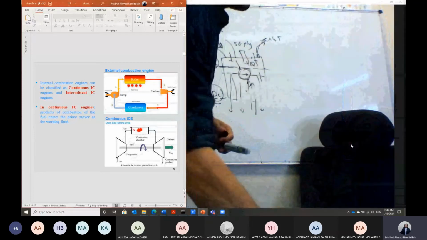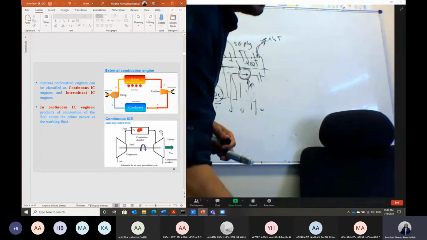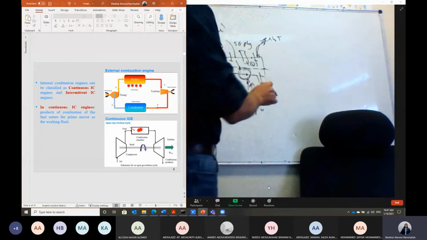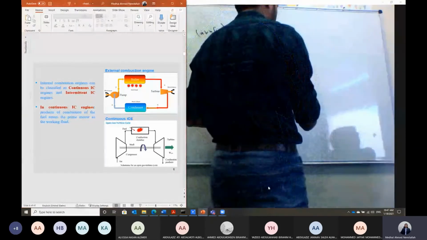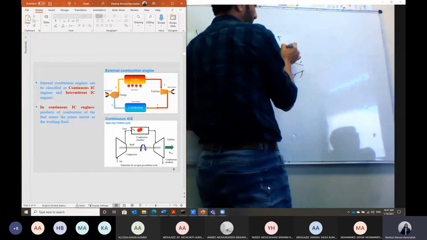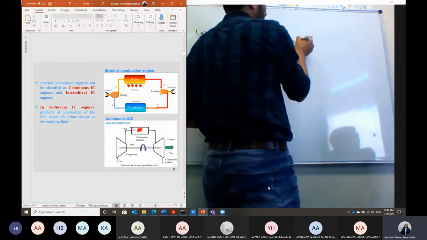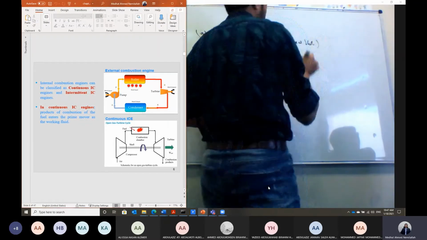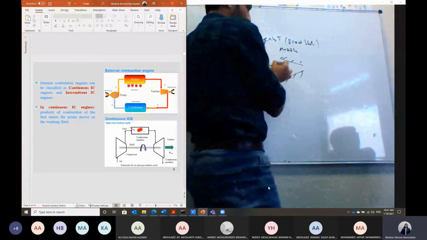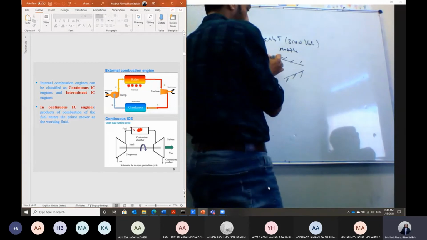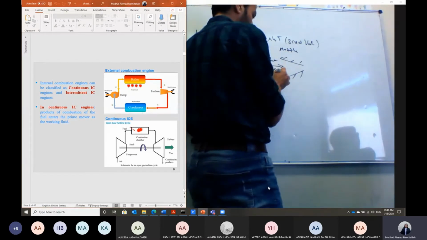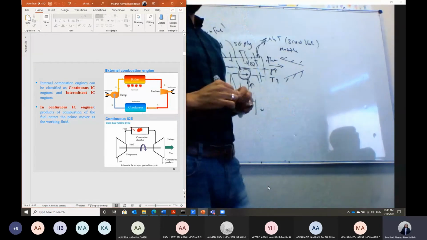If you look at this part, Shabab, what I'm talking about, which is the turbine here, any turbine consists of fixed blades. Usually the fixed blade takes the shape of a nozzle. We call it a nozzle, or we call it a fixed blade. The flow is coming, which is exhaust gas in the case of a gas turbine. This flow is coming under high pressure and also under high temperature.